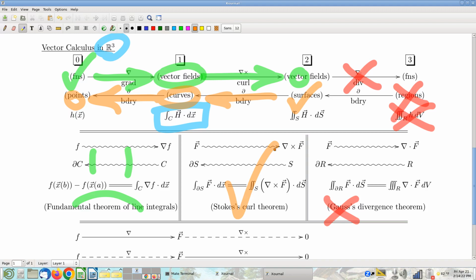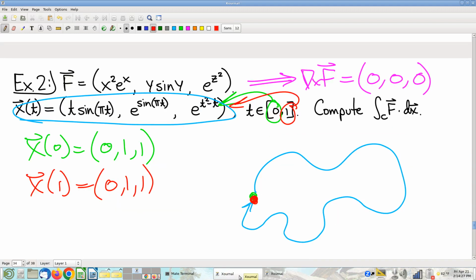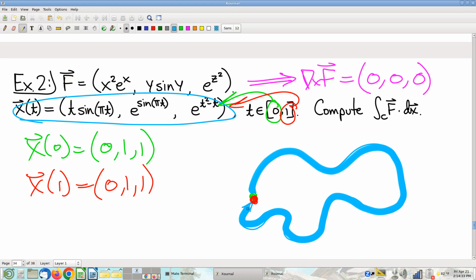Now, seems like a bit of a horrifying circumstance for using Stokes' curl theorem. After all, this curve is a nightmare. And if that curve is a nightmare, that means that finding this surface is going to be a nightmare. So this is not looking particularly inviting, but I claim it's going to turn out to be actually kind of nice. But anyway, let me not get ahead of myself here.